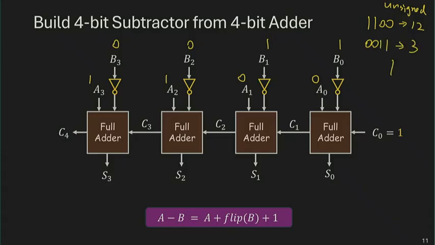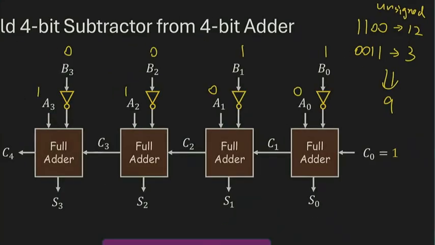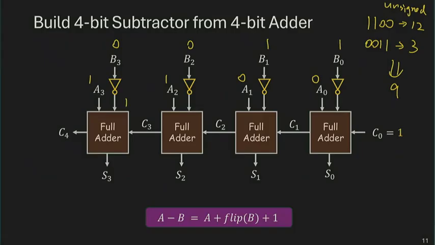So I should get a 9 at the output. If I follow this circuitry, I first want to complement B to get those intermediate results. So 0 0 1 1 becomes 1 1 0 0 after inversion. The carry in is a 1. And then starting from the least significant bit, I'm going to do the addition, hoping that the result is a valid subtraction result.